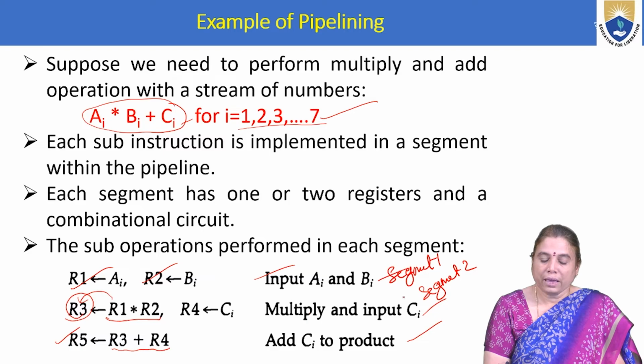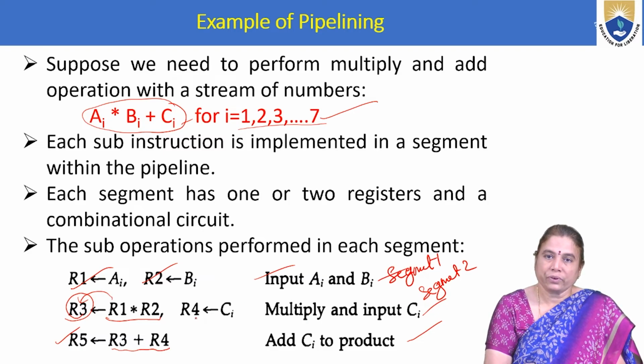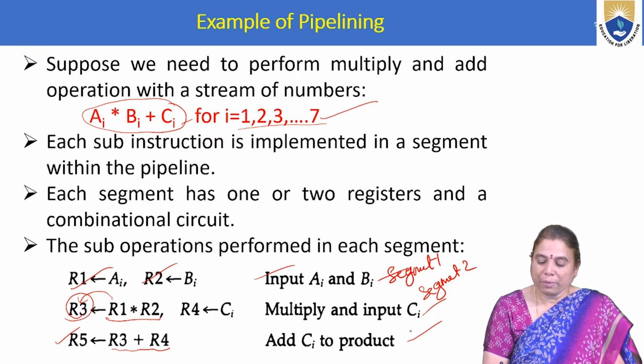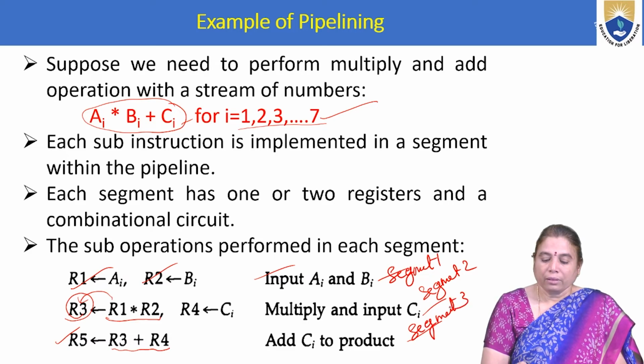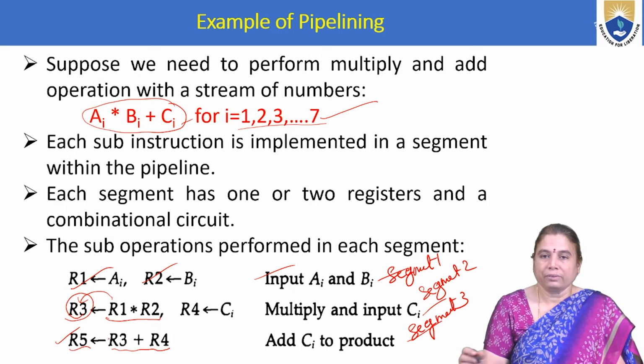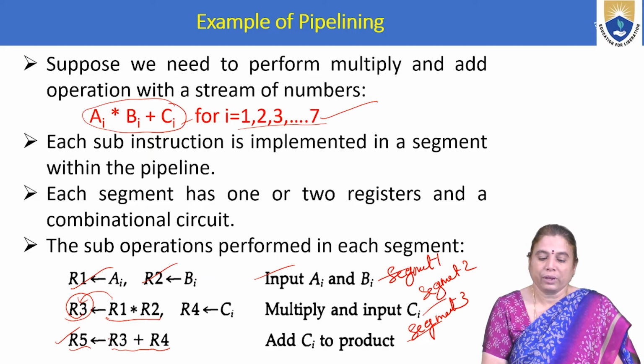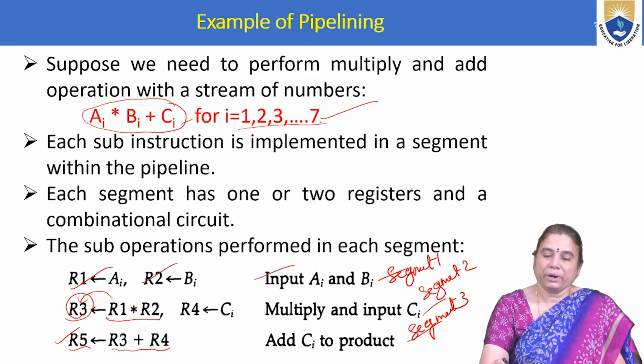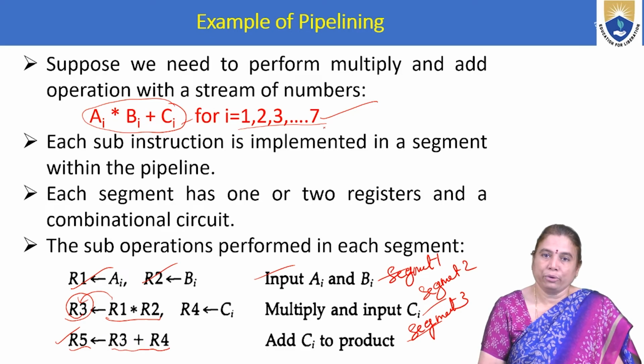Simultaneously, the C input can be loaded to the register R4. In segment 3, the product can be added to the C input, which results in the final result and can be stored in the register R5. So this computational task can be divided into 3 segments.